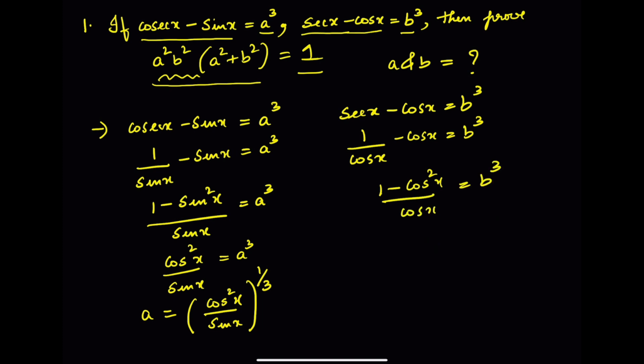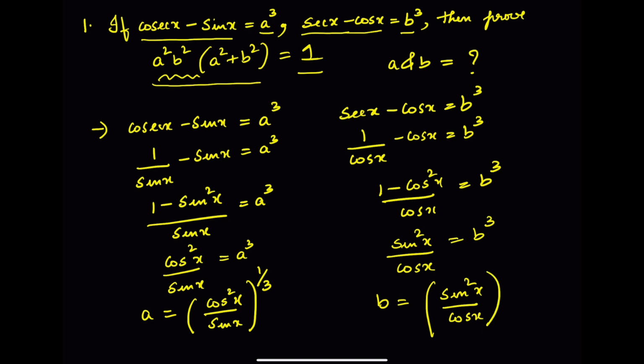Now 1 minus cos square x can be replaced by sin square x because of the identity, and the denominator is cos x. This is equal to b cube. So now b would be equal to the cube root of this part. So b is (sin square x by cos x) to the power of 1 by 3.